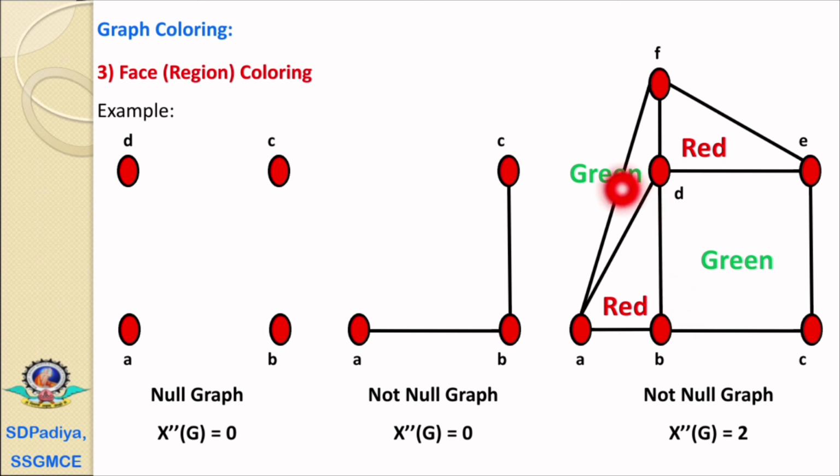Therefore, we color these two with a different color, that is green. These two are not adjacent: they share a vertex D, but they do not share any edge. Therefore, they may have the same color, and we color both green.